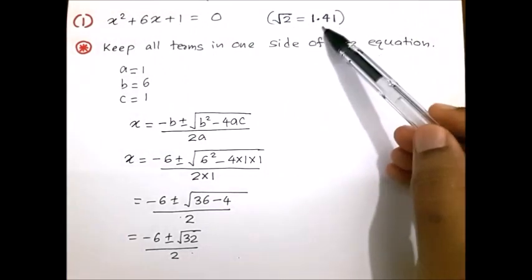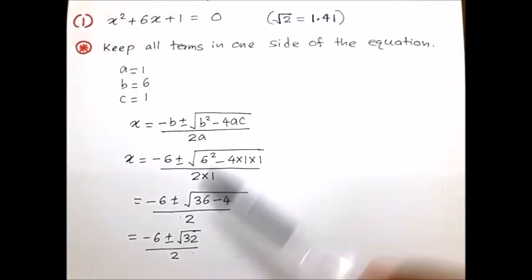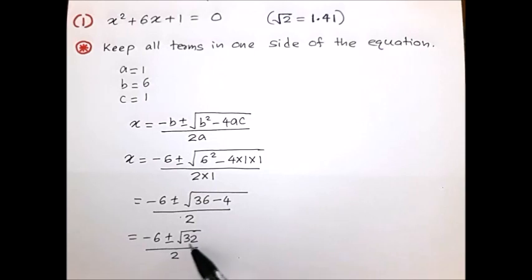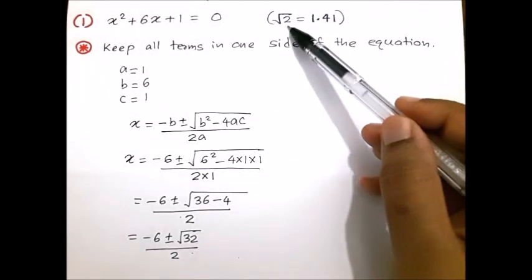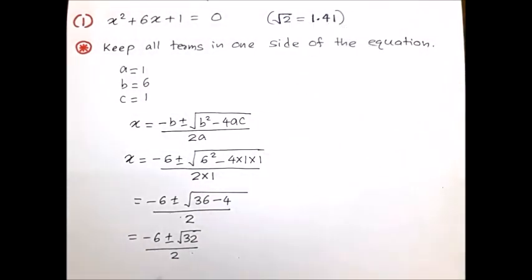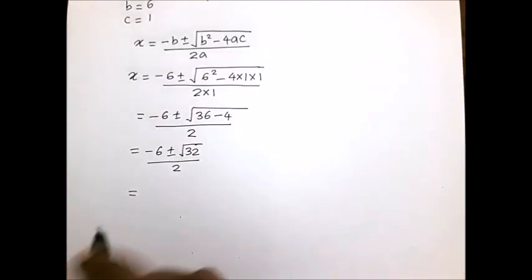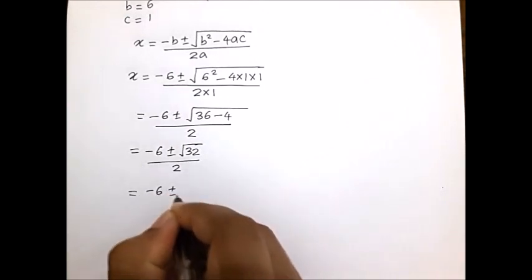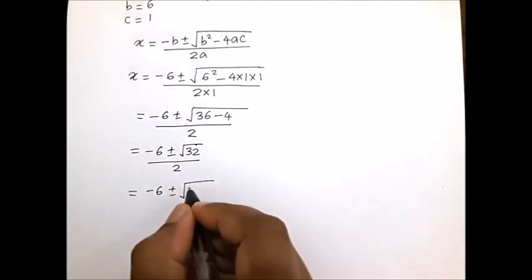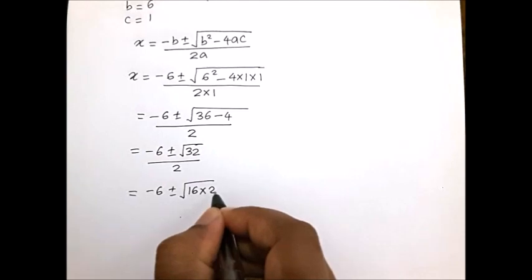Only square root 2 is given in the question. You have to arrange this as a surd to obtain the value of square root 2. First write this as a product of a square number and another number. Minus 6 plus or minus square root 32, you can write as 16 multiplied by 2.